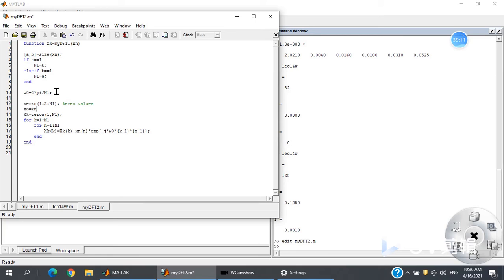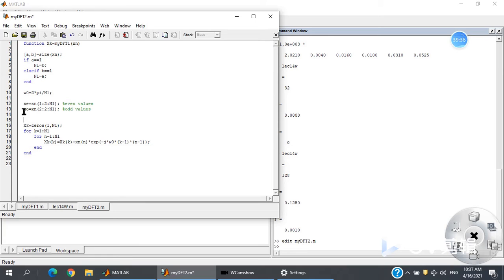This will be xn, now we start from the second value and step 2 until the end of the vector. So they are the odd values.